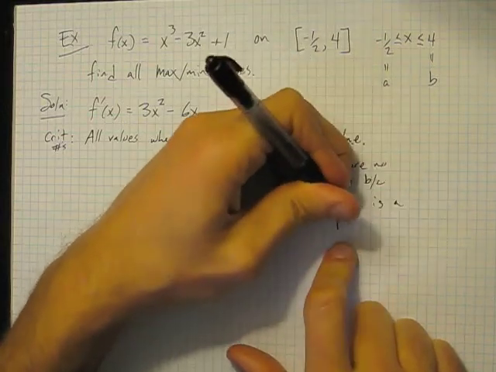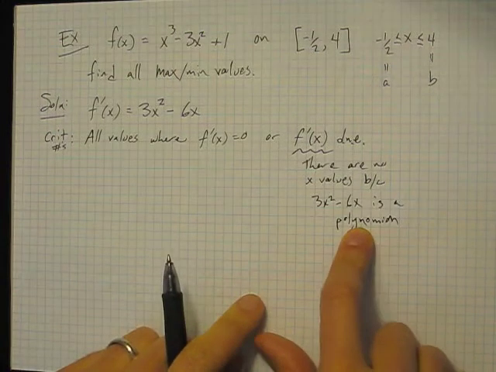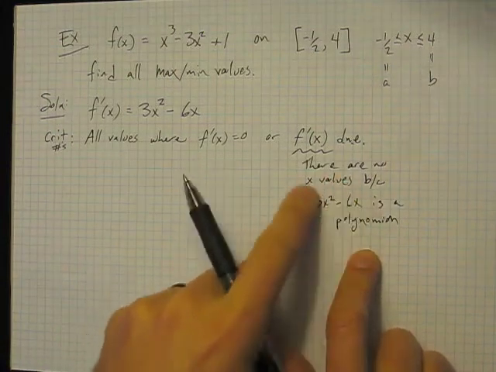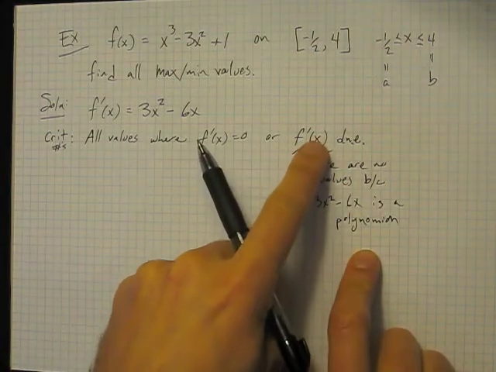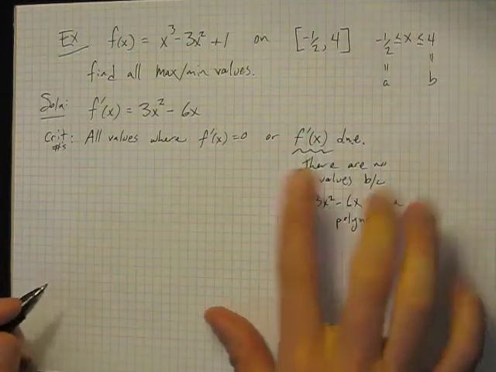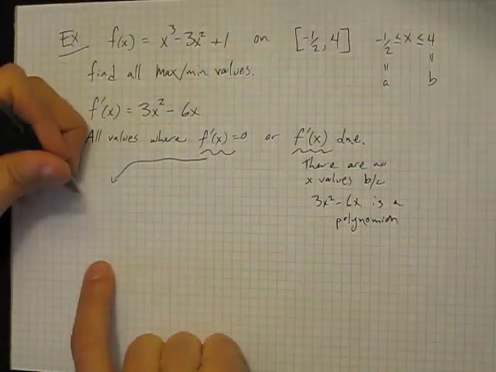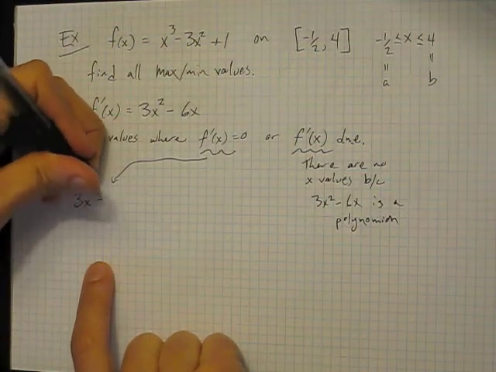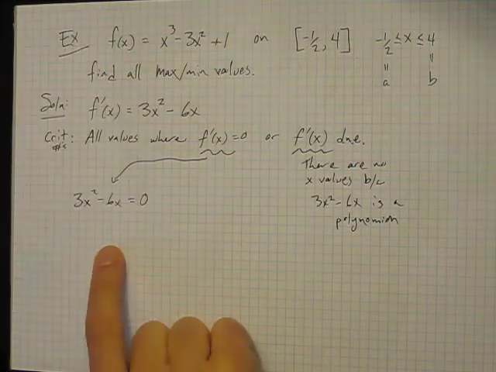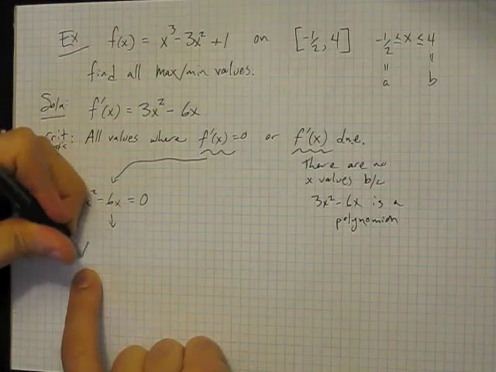So that means this is defined at every x value. So there's not going to be a number you could plug in here that makes this derivative not exist, because this is a polynomial. Okay, so we don't have to worry about that. Here's the one where we do have to worry a little bit. So we set this equal to 0. Okay. A little bit of algebra here. I see a common 3 and a common x.